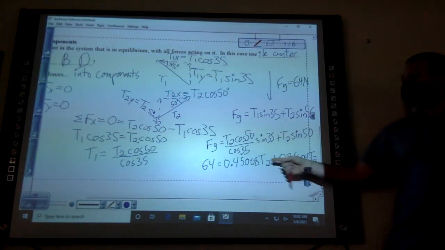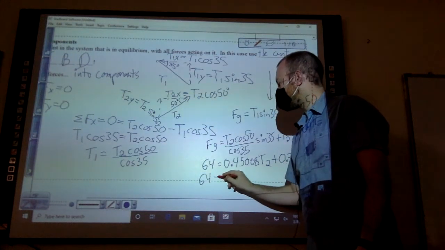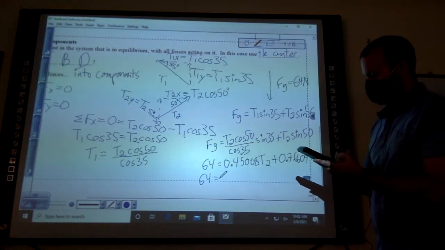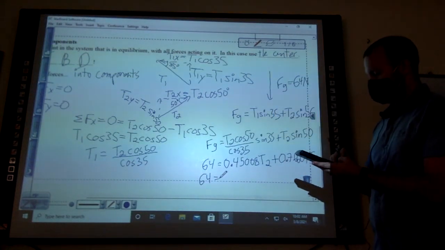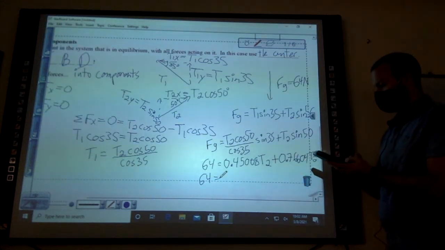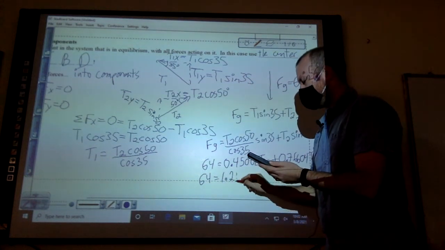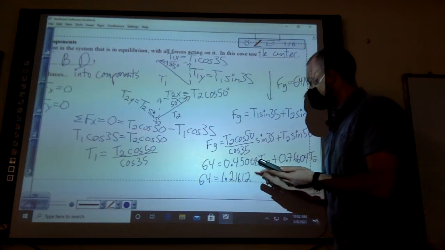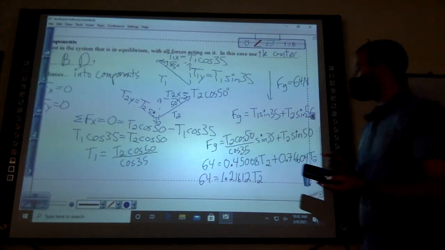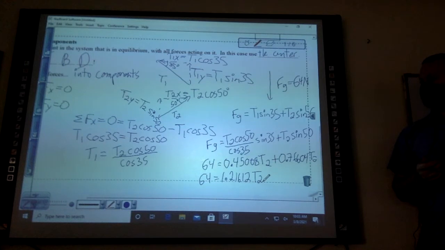So all I'm doing is just adding those two numbers together. So 0.45008 plus 0.76604 gives me 1.21612 times T2. Now you solve for T2.